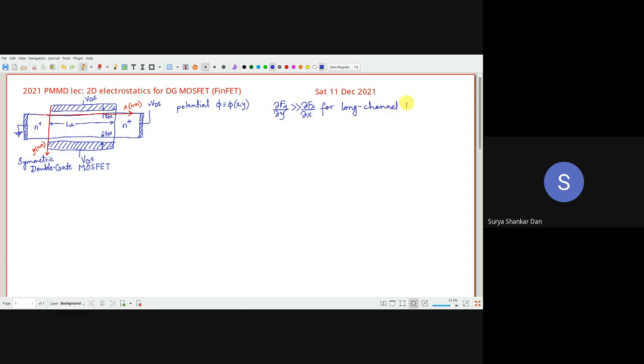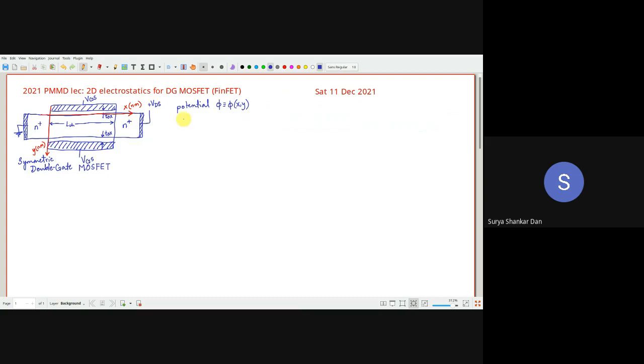We saw that previously; you can go back to the lectures. This implies that phi of x, y was almost equal to phi of y. Most of the variation was coming from the y direction. This is something we saw earlier, so we will not get into that.